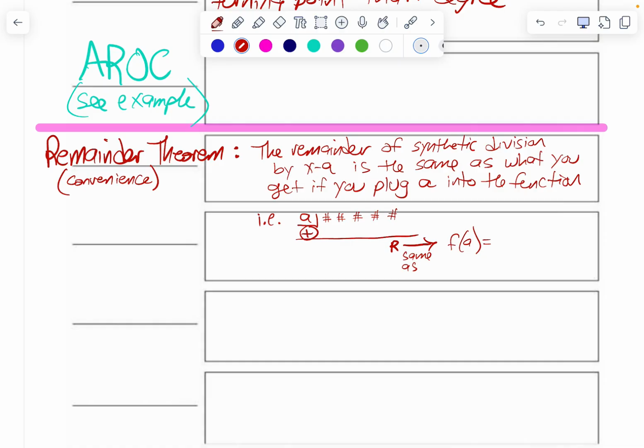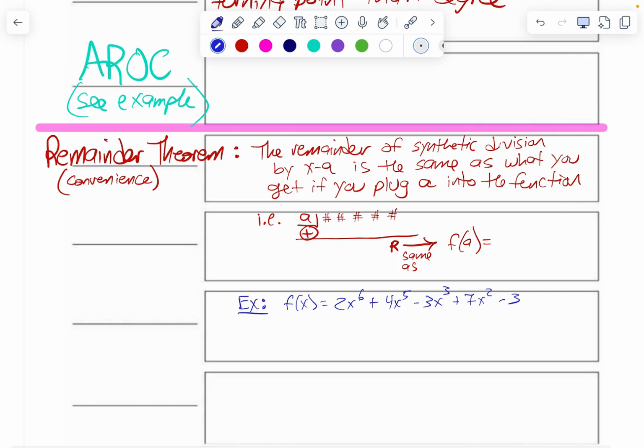So I'm going to put the example for this right here because I don't want you to have to flip back and forth. It's a short example. Let's say our function was 2x to the 6th plus 4x to the 5th minus 3x cubed plus 7x squared minus 3.